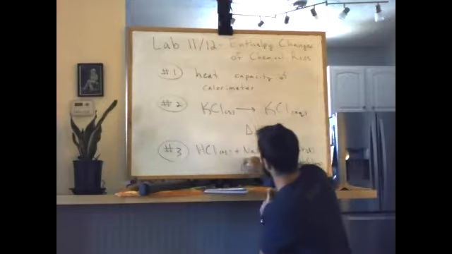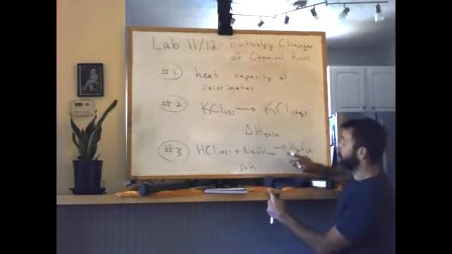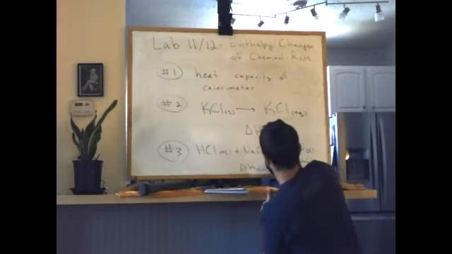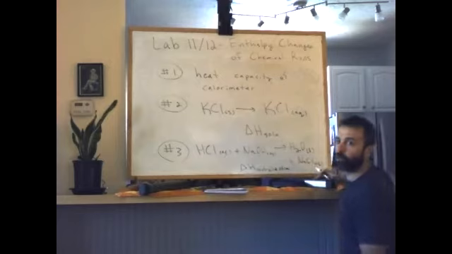So we're going to study the heat of this reaction as well. And the heat of this type of acid-base reaction is often called the heat of neutralization. Why neutralization? Because we're starting with an acid and a base, and we make neutral products.